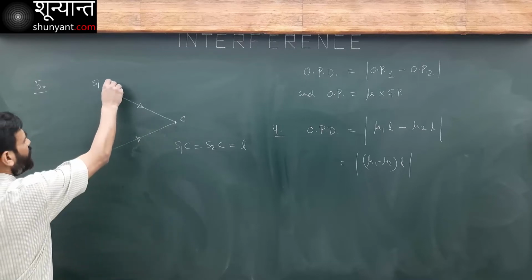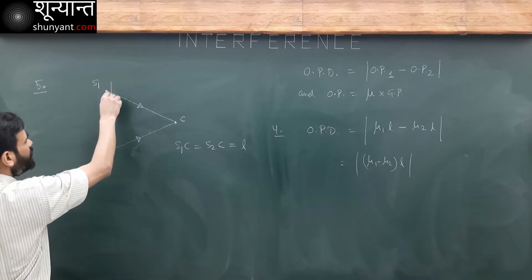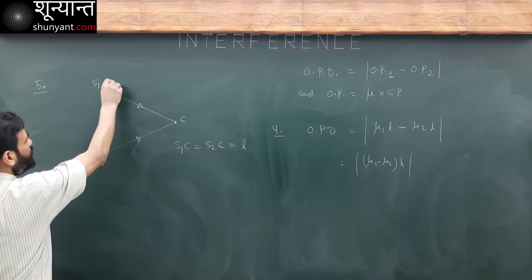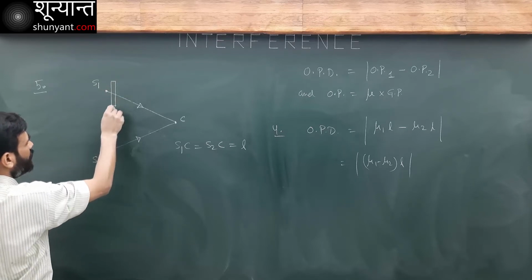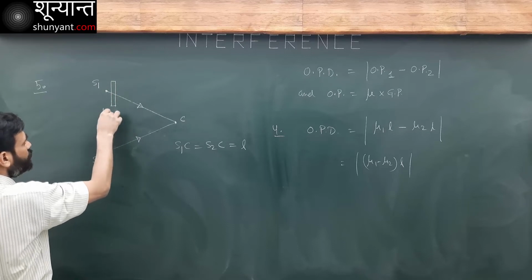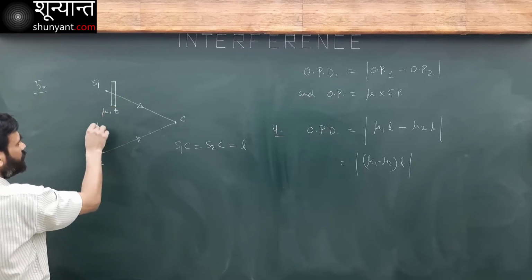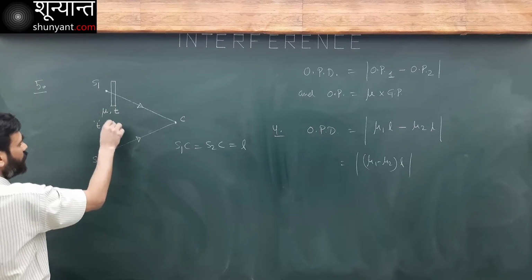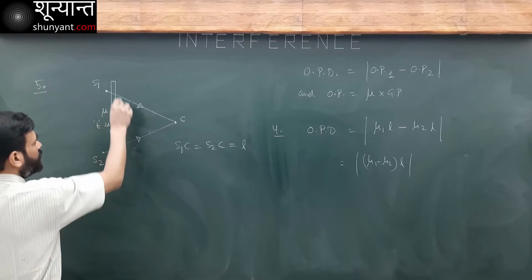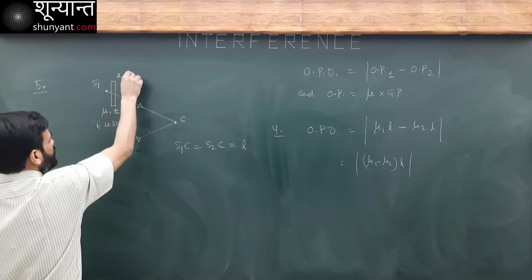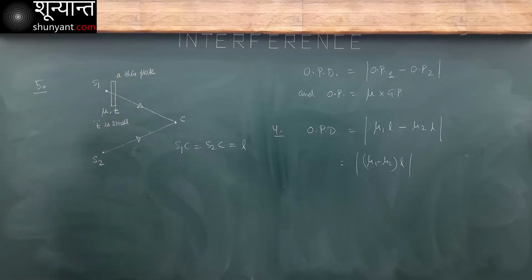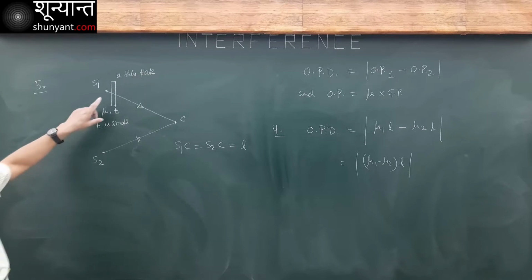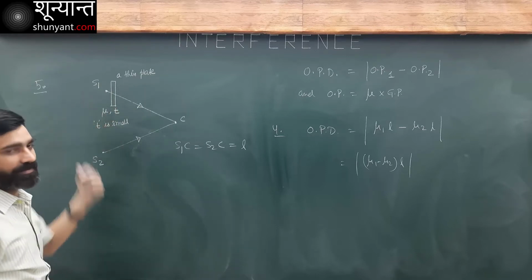What will happen if I put a very thin medium here, of refractive index mu and thickness t? t is small. A thin plate of thickness t.